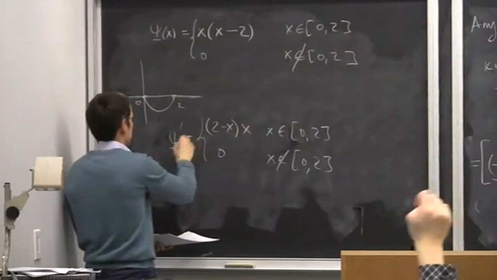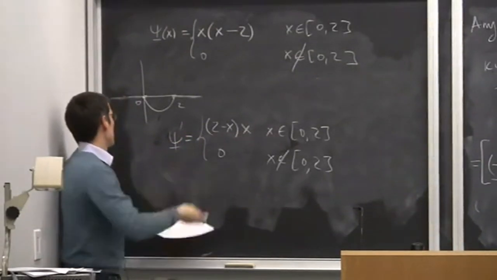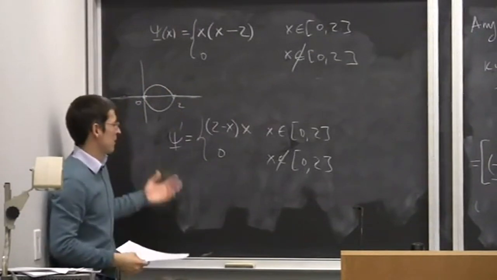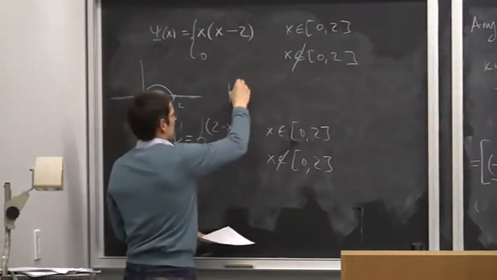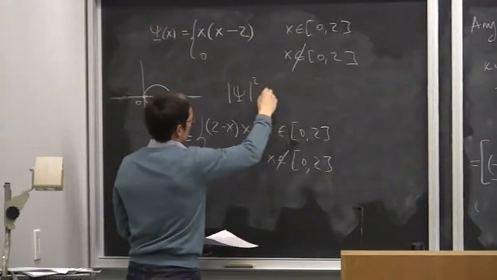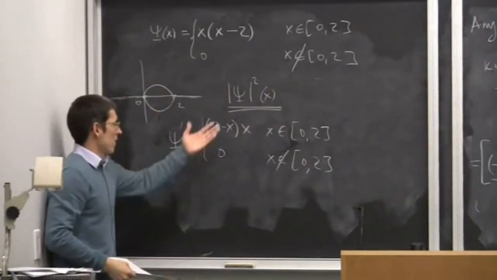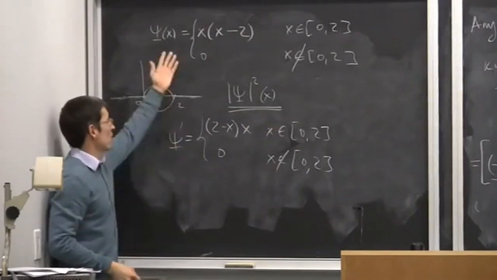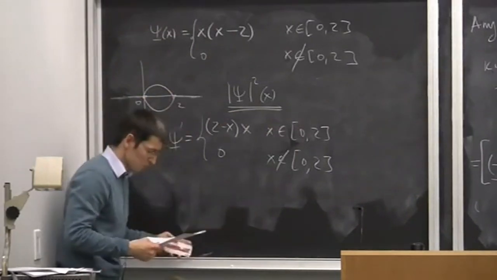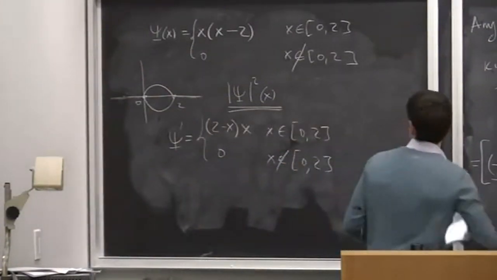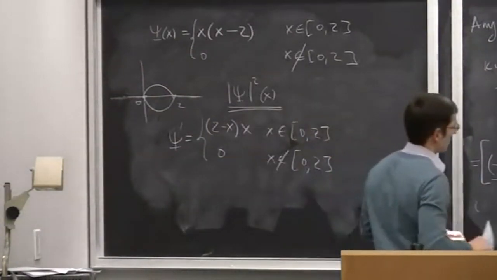But when you take psi squared, that's the physically meaningful part, and it will be the same for both functions. Anyway, let's see, we decide to work with this function.